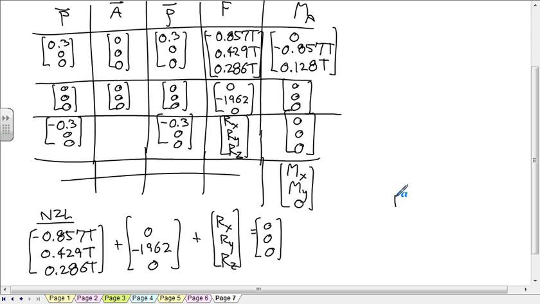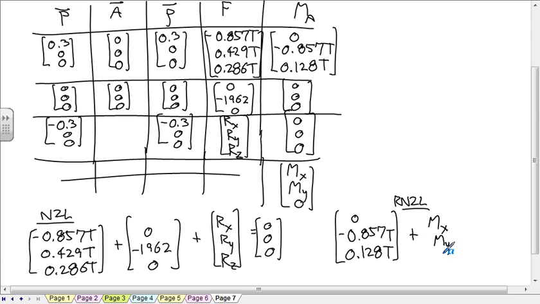And the rotational equation says 0, negative 0.857 t, positive 0.128 t, plus mx, my, 0 is equal to 0, 0, 0.